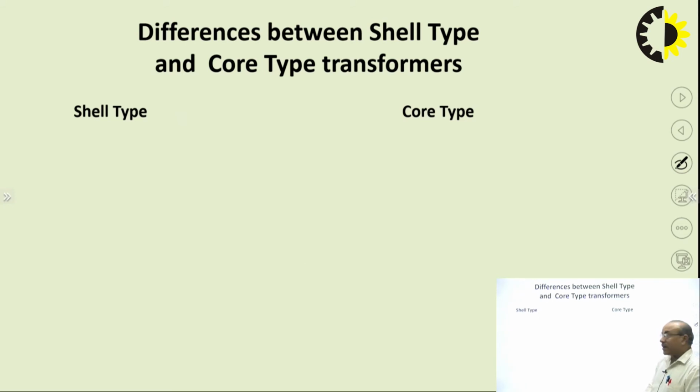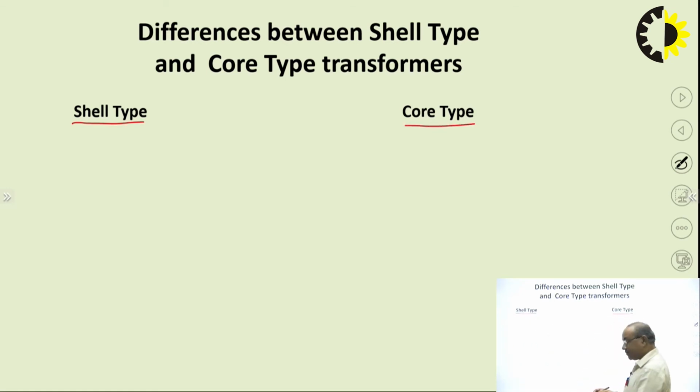So, if we compare the two types or see the differences between shell type and core type transformer, we can see it by this table. Shell type transformer is on the left side of the table, and core type transformer is on the right side.